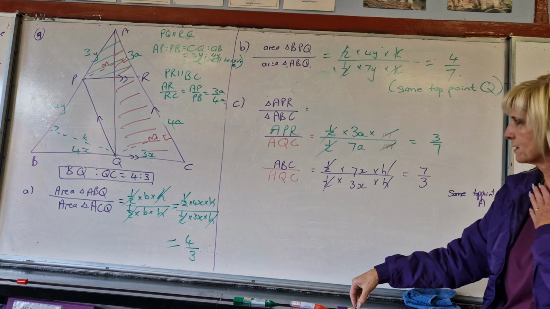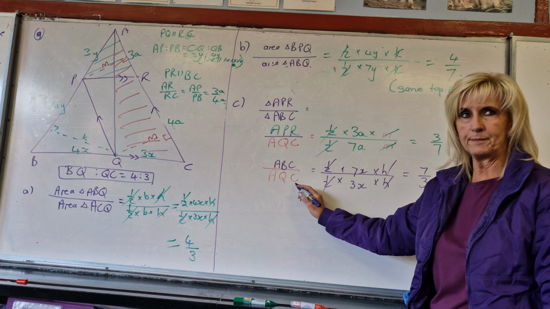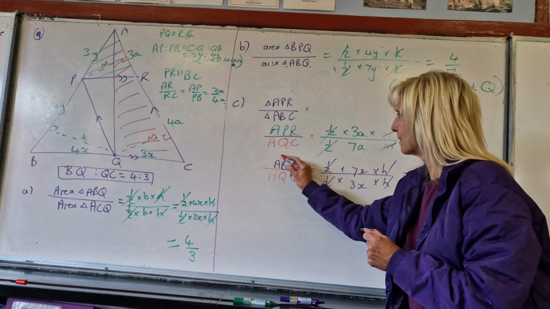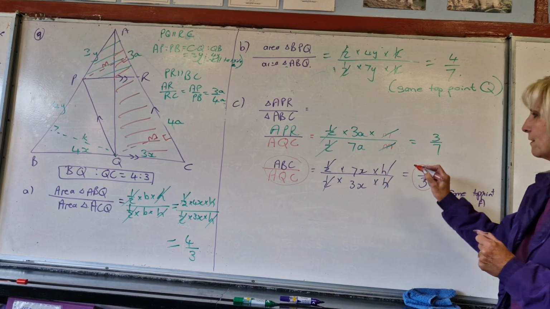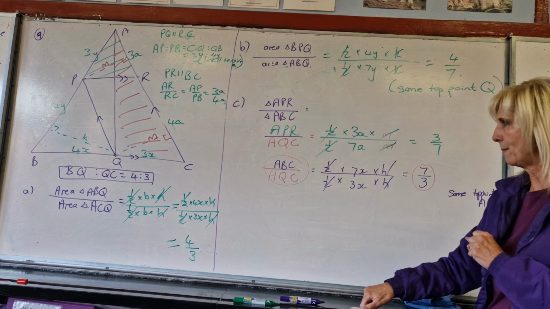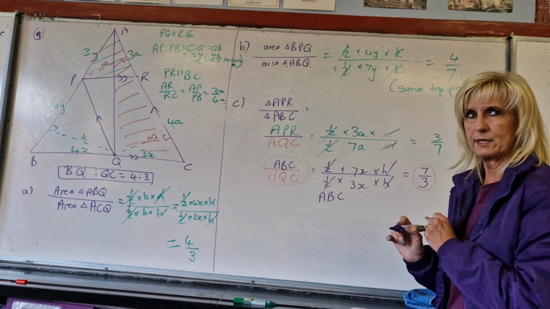Or I would have rather said, let's get AQC alone. We have got this equal to 7 over 3. Let's get AQC alone. So what will happen to that? So I will have ABC over, gone is it?